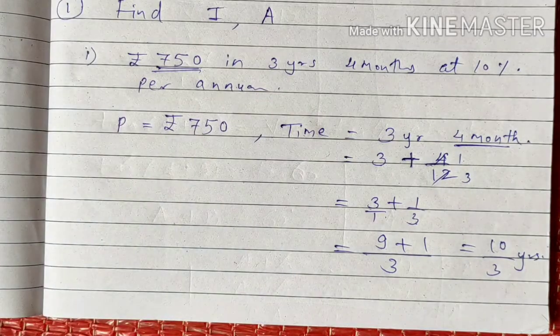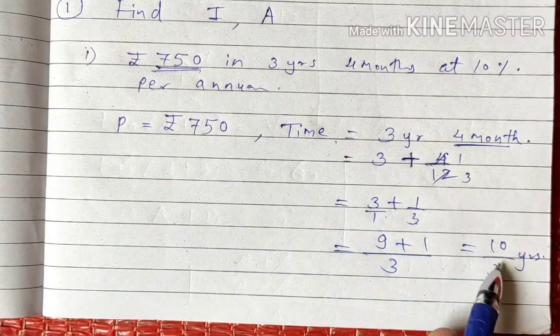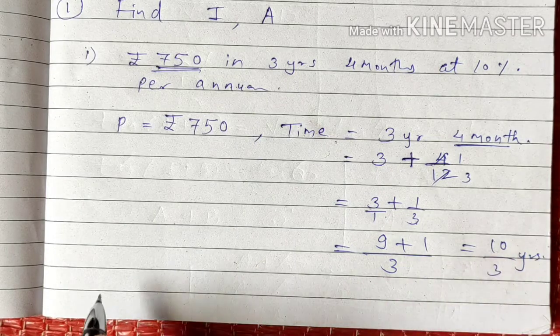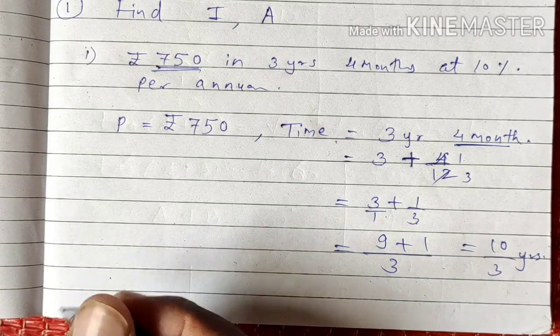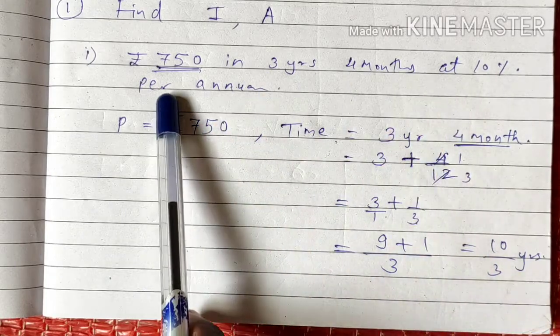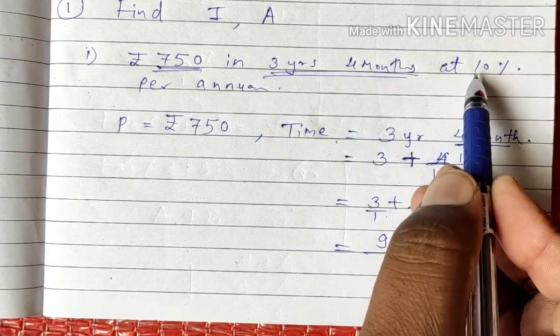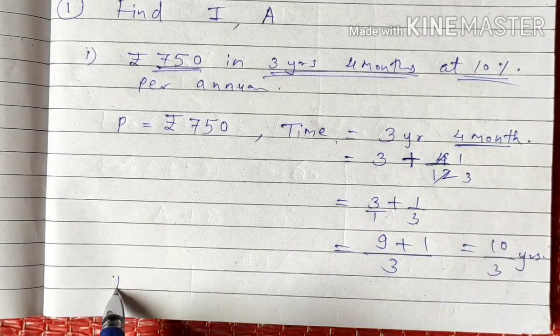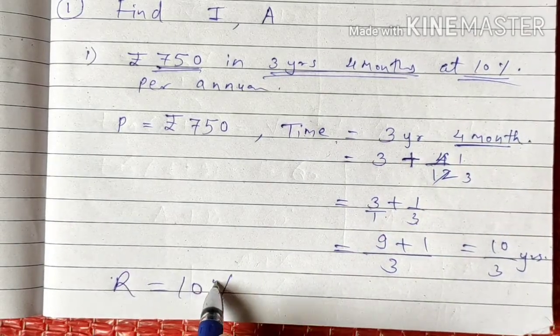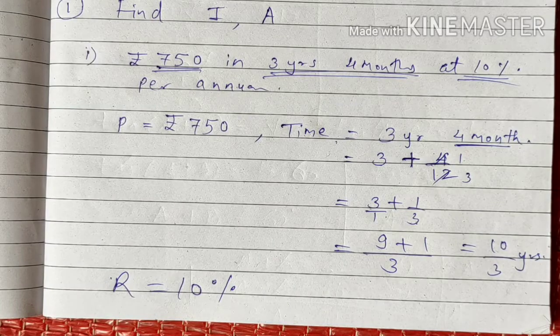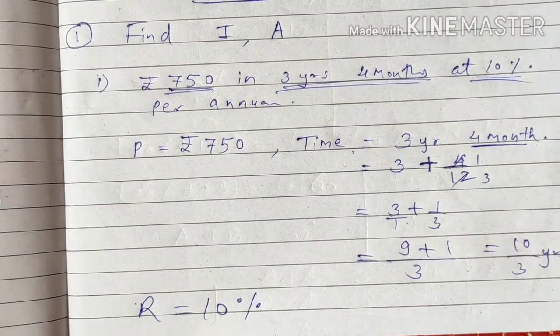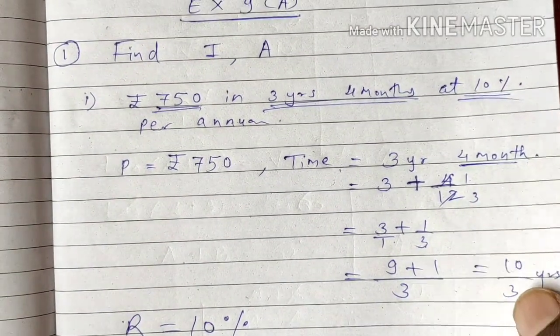Got it? So this is 10 upon 3 years. So let us calculate. The time we have to take as 10 upon 3 years. In our question, for how many years is it given to us? 3 years and 4 months. The rate of interest is 10%. So let us calculate the interest.